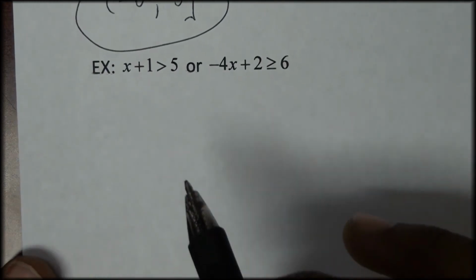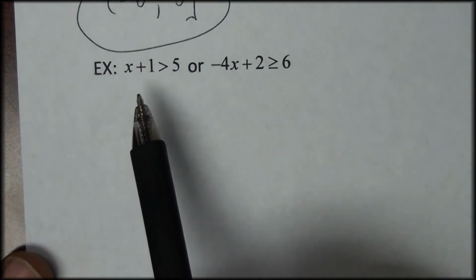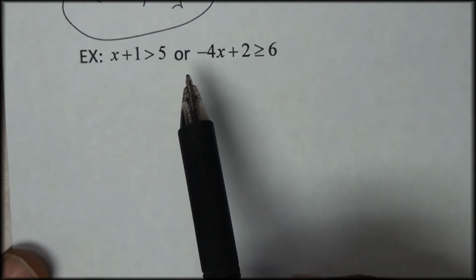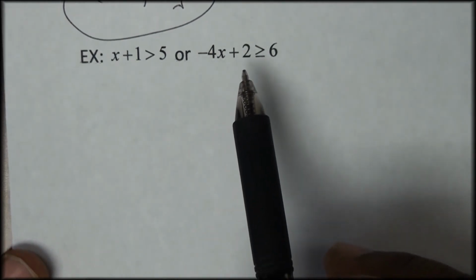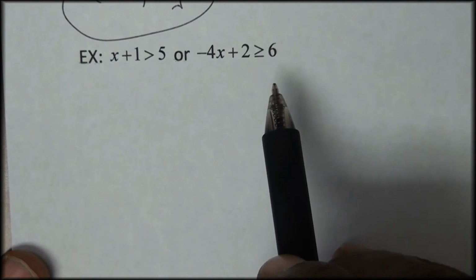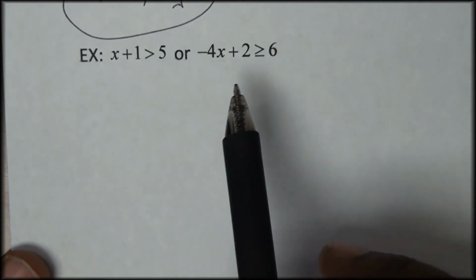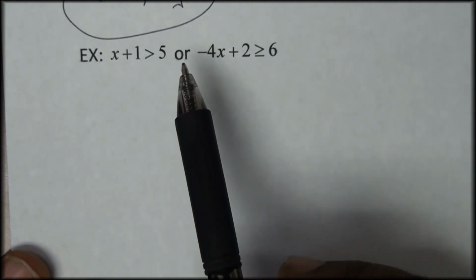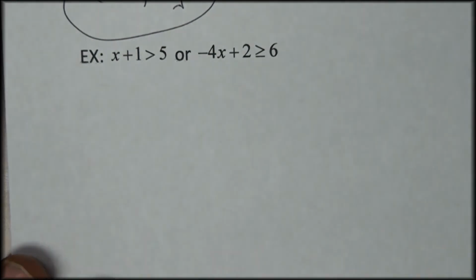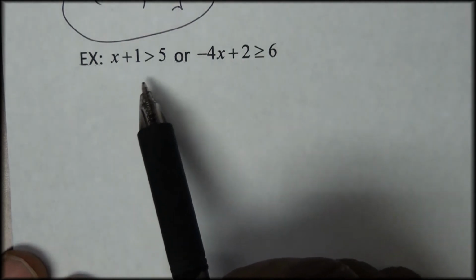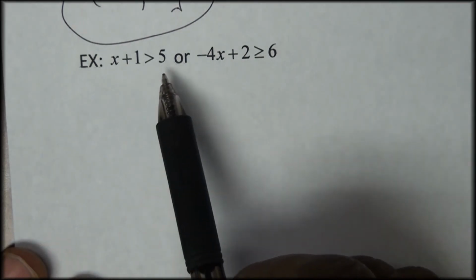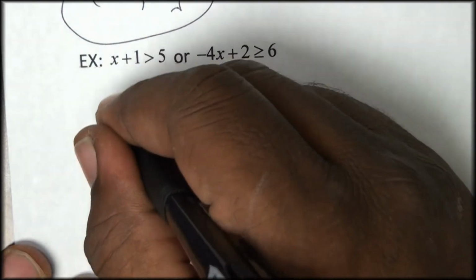Next, we'll take a look at the last example. X plus 1 is greater than 5, or negative 4x plus 2 is greater than or equal to 6. So once again, we'll solve both inequalities for x, we'll graph, and we'll determine the union. To solve our first inequality for x, we'll subtract 1 from both sides.